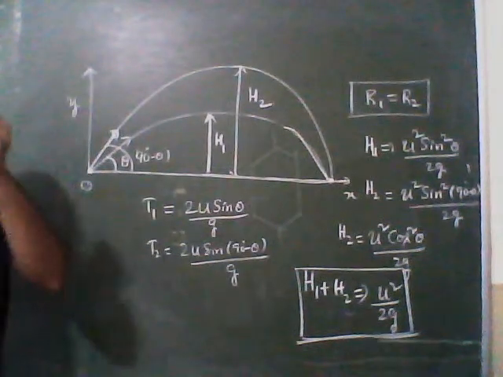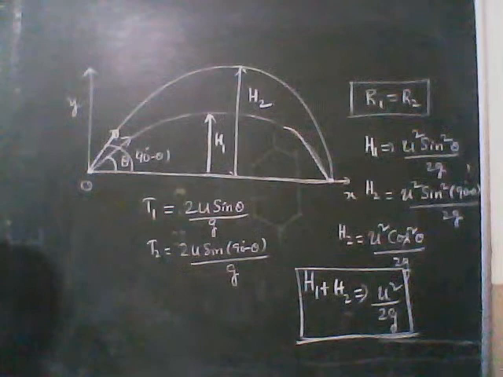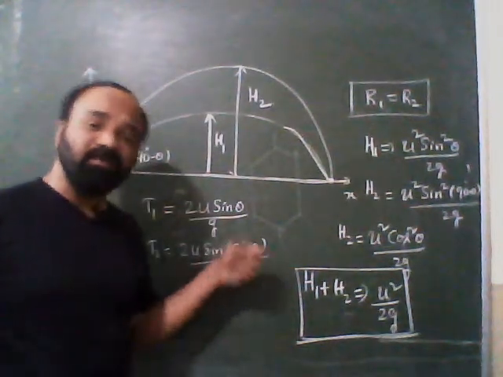These are the formulas for time of flight for the first body and the second body. Again here, sin(90 minus theta) gives cos theta.